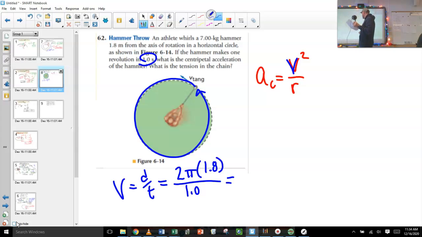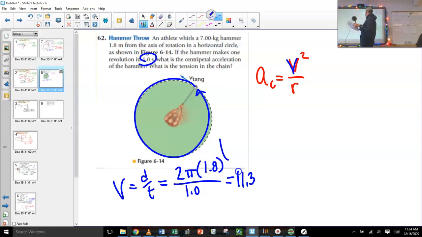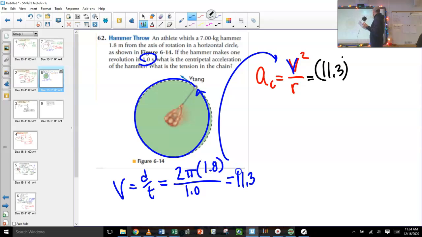It is 11.3. Stick that into my velocity. So my centripetal acceleration, 11.3 squared divided by my radius, which was 1.8, turns out to be 71.